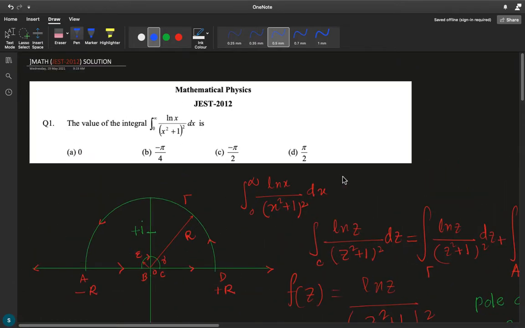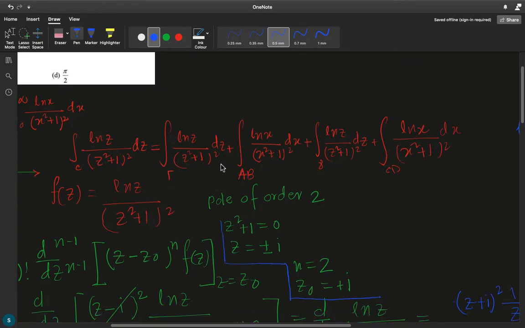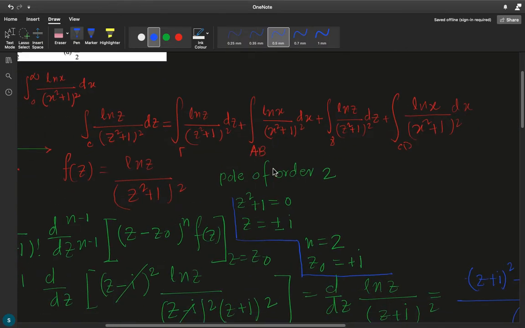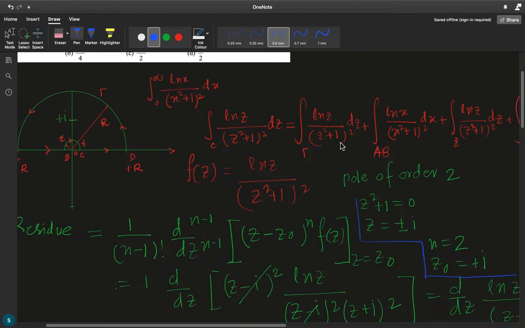Now coming back to the contour integral, if R tends to infinity, the circle will go outward and the singular point will be inside it, so the integral over the large arc goes to 0.